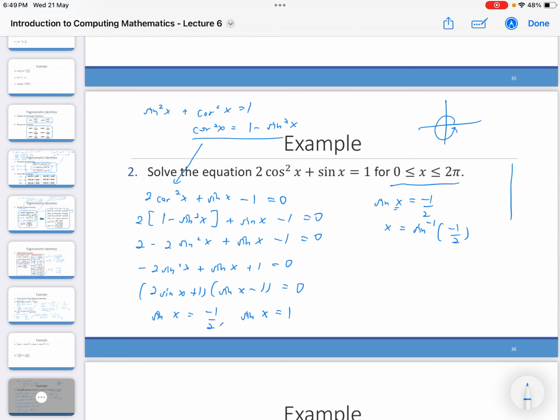We draw 4 quadrants. Since inside the inverse function we have a negative, that means the angle should be in the third and fourth quadrant, because sine is negative in the third and fourth quadrant.